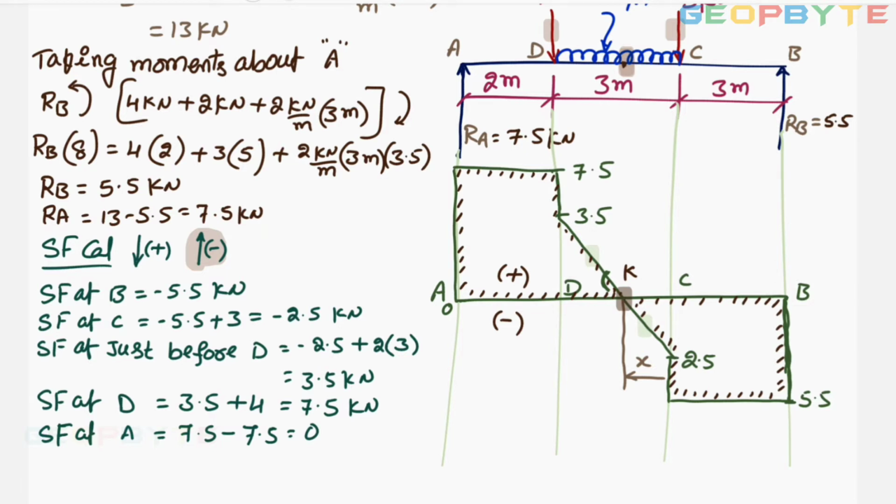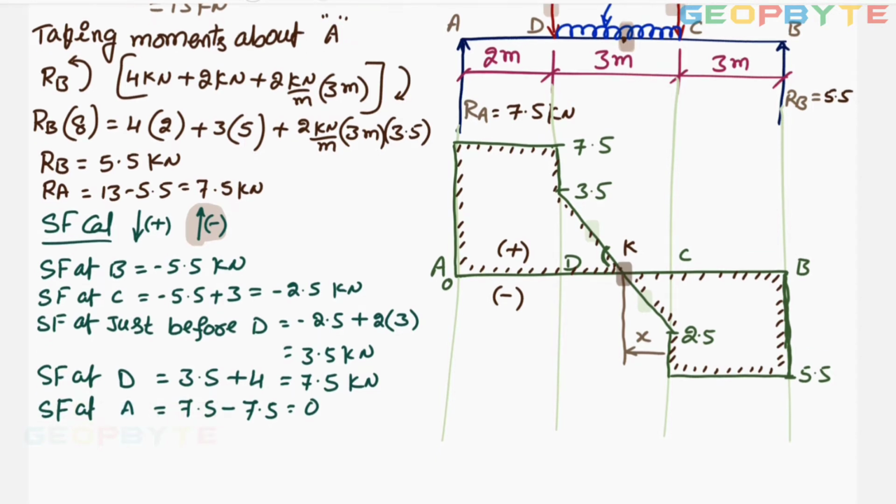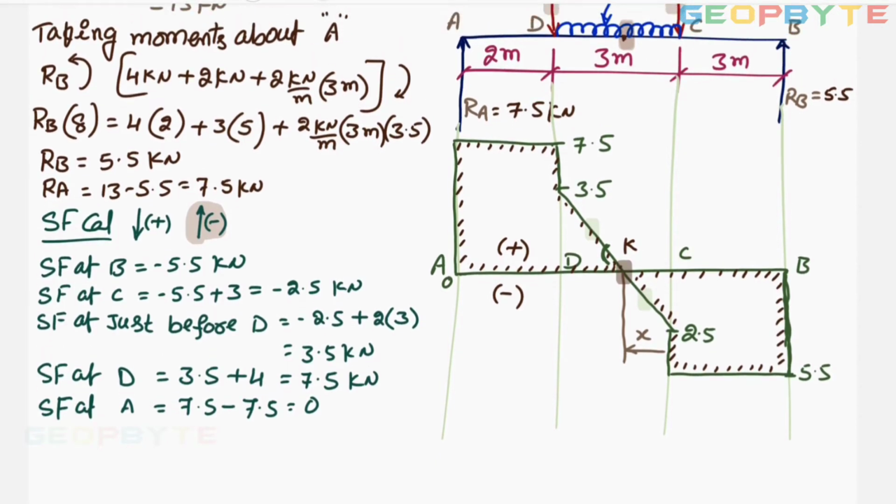But for the previous simply supported beam, we did not find that x value, because there the shear force diagram was changing its sign exactly either at C or at D. But for this case, other than at C and D, the shear force diagram is changing its sign. Therefore, you should find the distance x.